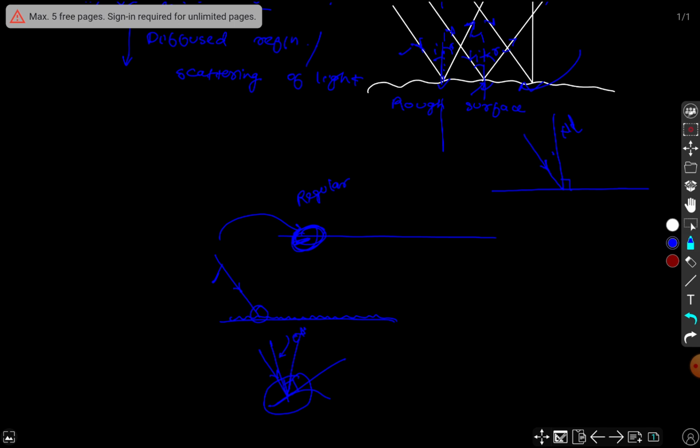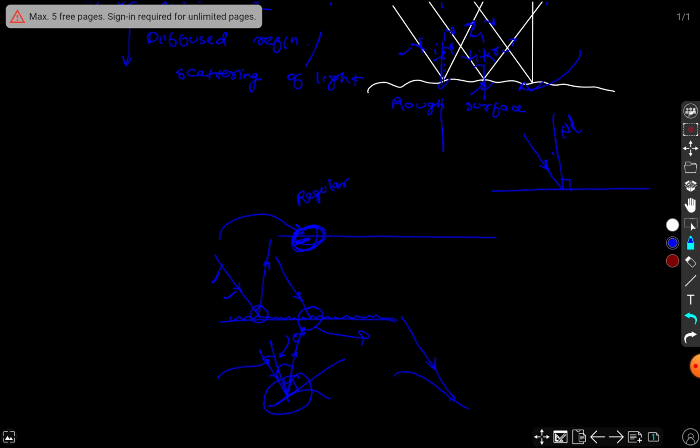and the incident ray will reflect, making an equal angle with this normal as the angle made by this incident ray. So it will reflect in this direction. Now at some other point, the light ray which is coming parallel to this light ray, let's zoom in here, then you will see that here the surface is somewhat like this, and the light ray is coming in this direction.